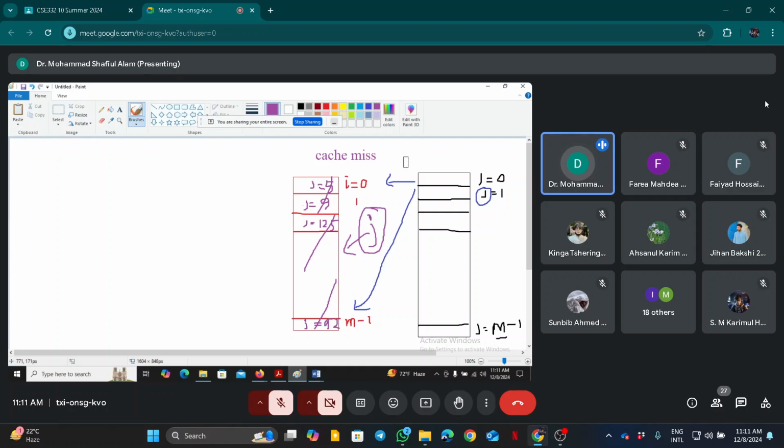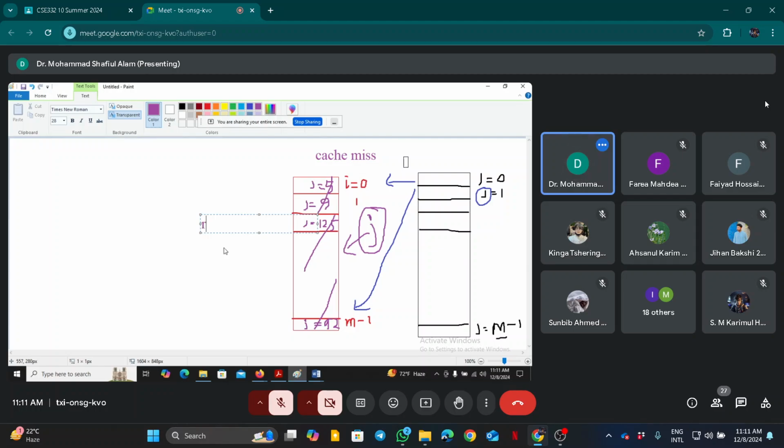Well, the answer is very simple. We need to replace a block from cache. Now, how to do that?